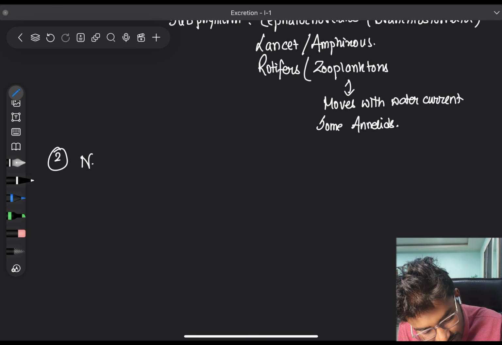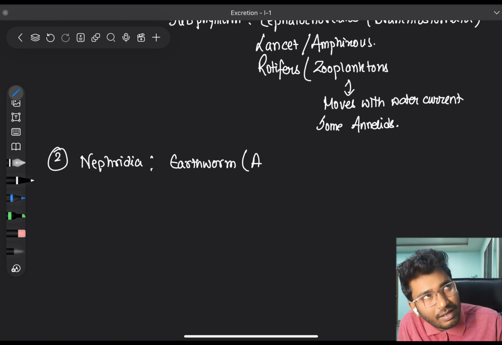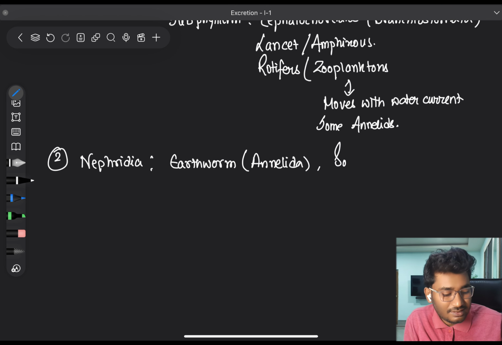Now come to the next point, number 2. Nephridia. Nephridia is the excretory organ of the earthworm, of phylum Annelida, and some annelids. 3.